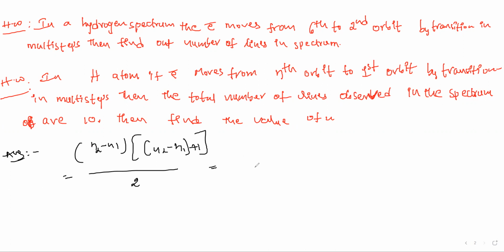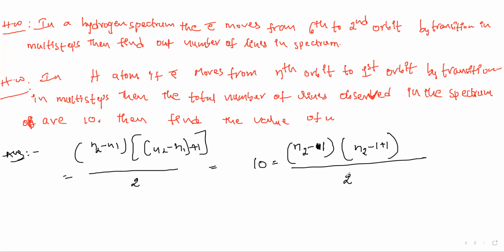Then the total number of spectral lines is 10, so 10 equal to n2 minus 1 into n2 minus 1 plus 1, by 2. Calculate this and find the value of n. Okay? I'll find out n.